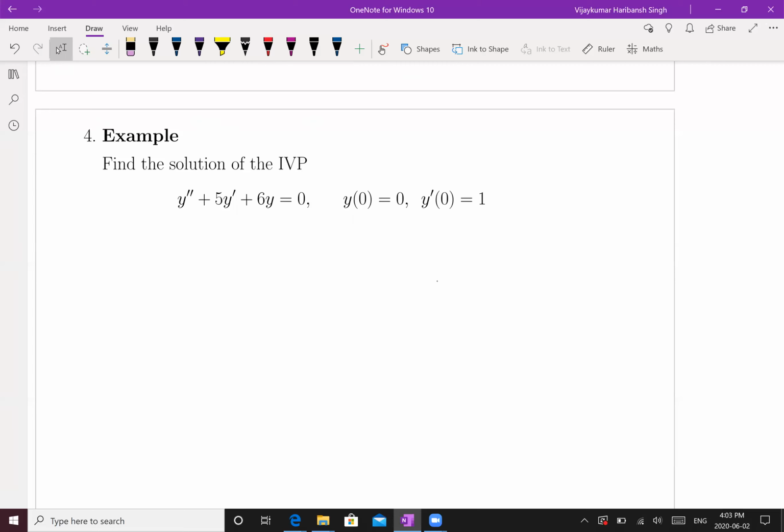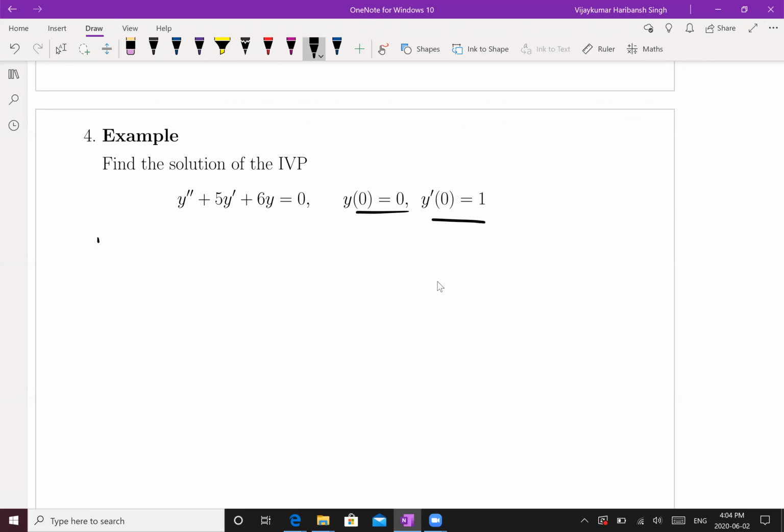Now, let's do the following problem. Find the solution to the initial value problem y double prime plus 5y prime plus 6y equals 0, y of 0 is 0, y prime of 0 is 1. Again, we are given two initial conditions because the differential equation is of second order.